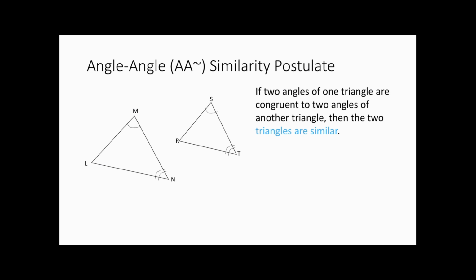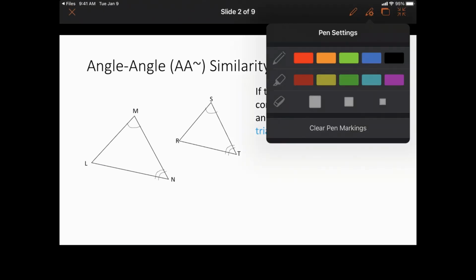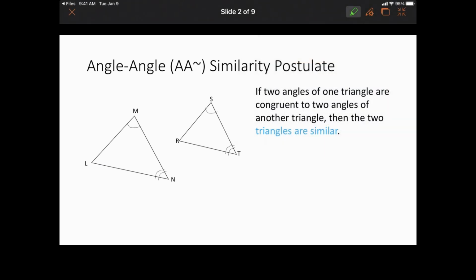Please note the symbol. So when you're writing the abbreviation, yes, you have to put the squiggle, which is the similar symbol. Now you don't have to do all three angles, because if you have two angles of one triangle congruent to two angles of another triangle, then the third angles must be the same by math, right?